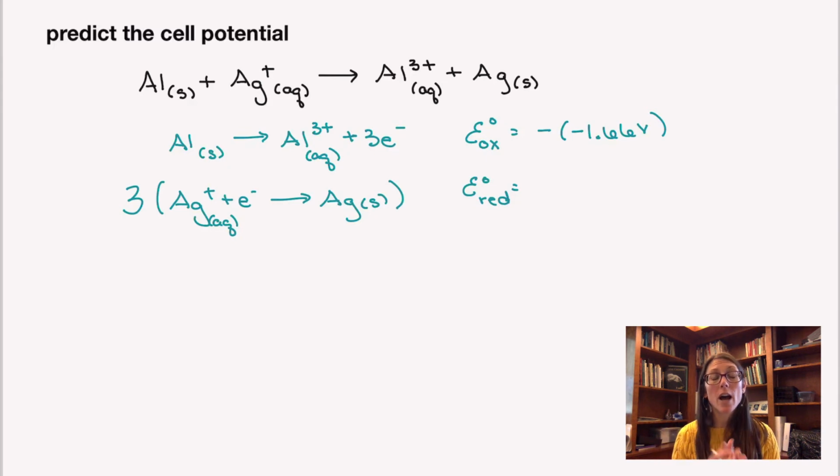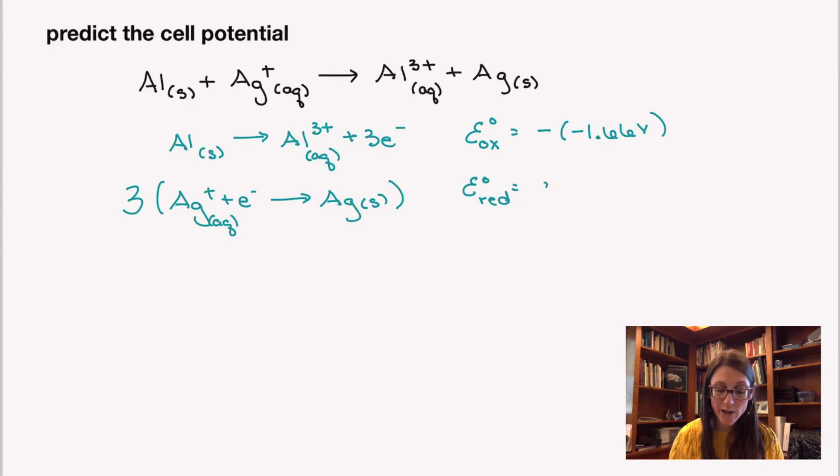But because voltage is a ratio, it's joules per coulomb, by having more electrons transferred, we have more coulombs of charge as well as more energy. And so it is actually an intensive property. You do not multiply reduction potentials.